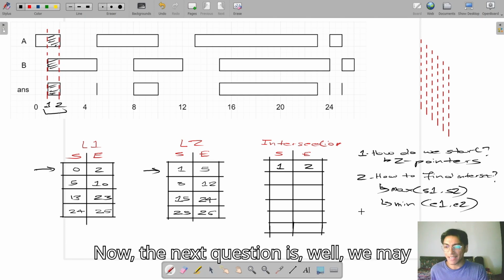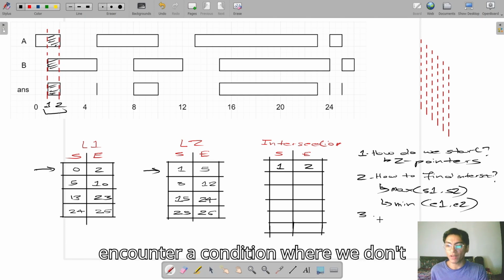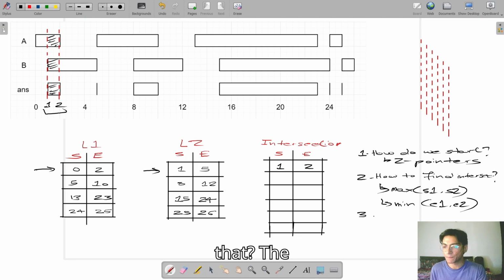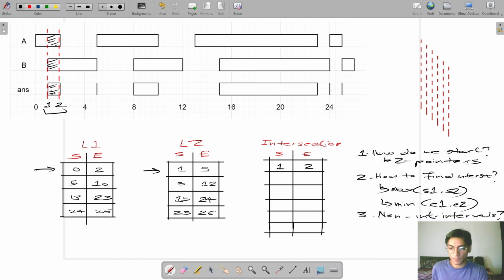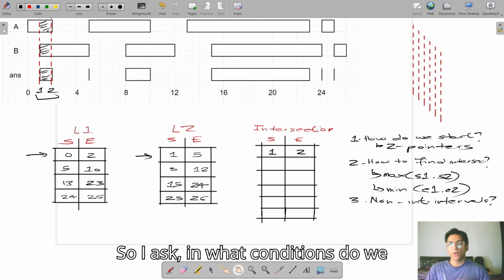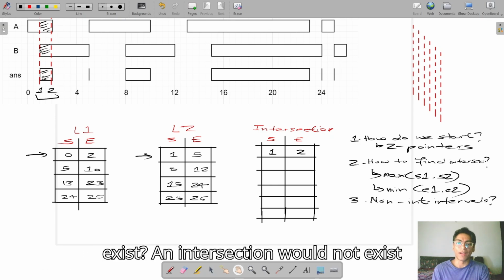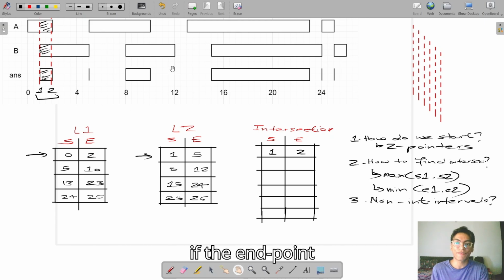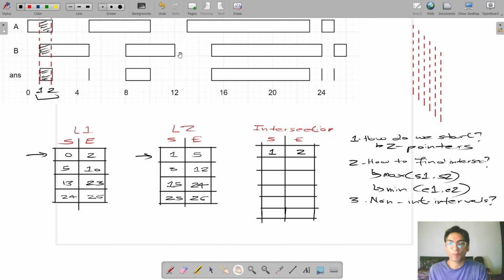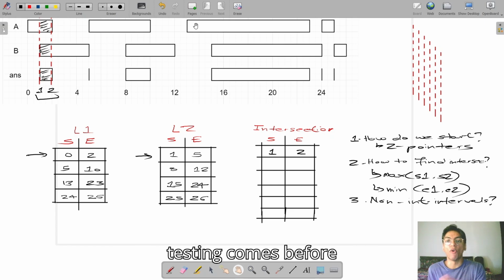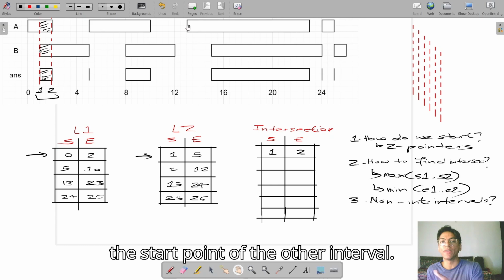Now the next question is, we may encounter a condition where we don't have any intersections. How do we handle that? The non-intersecting intervals. So I ask, in what conditions do we get a case where an intersection does not exist? An intersection would not exist if the endpoint of the interval that we are currently testing comes before the start point of the other interval.